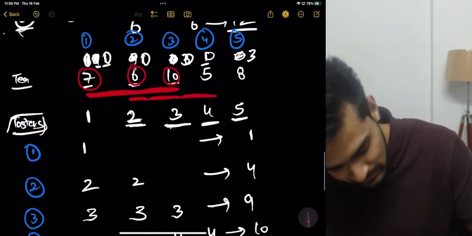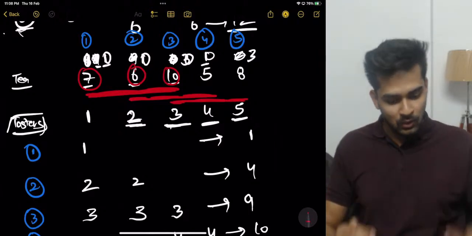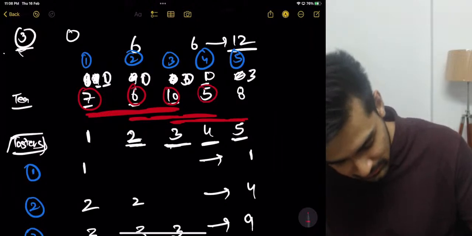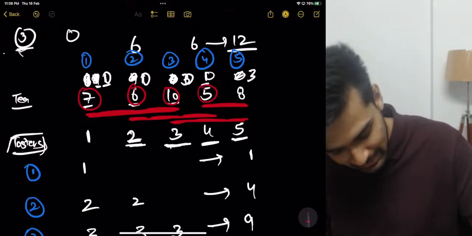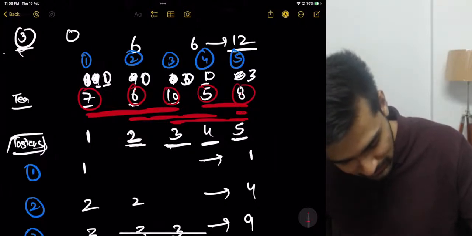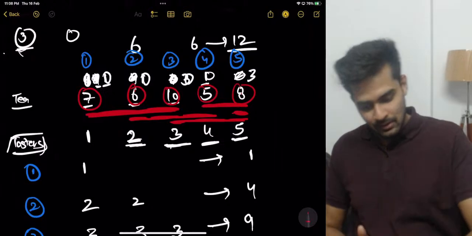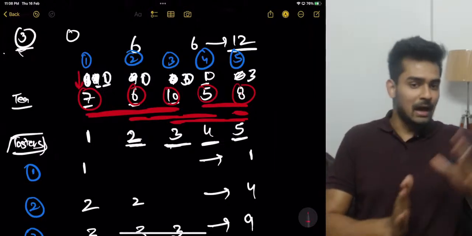This person drank, and this person also drank. Who all drank from this 5? This person drank and the next person also drank. And who all drank from the last one? Only this person. So as you can see, for the ith T, that person and the people after that are able to drink.